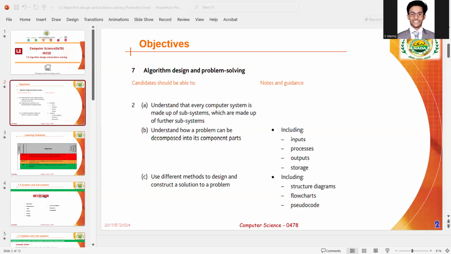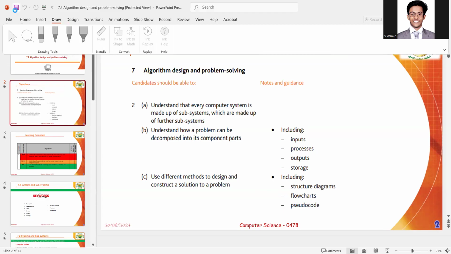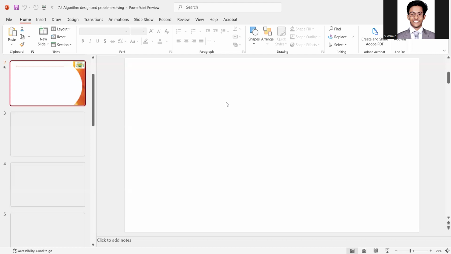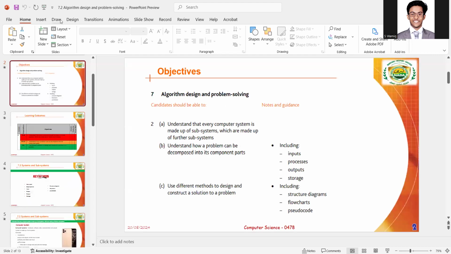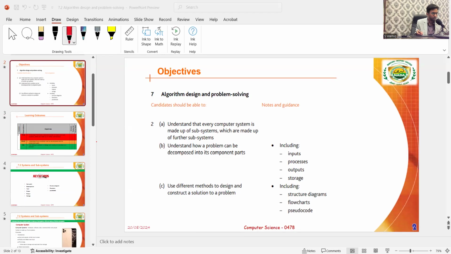Okay, so what we have to discuss is, first of all, we need to understand that every computer system is made up of subsystems.